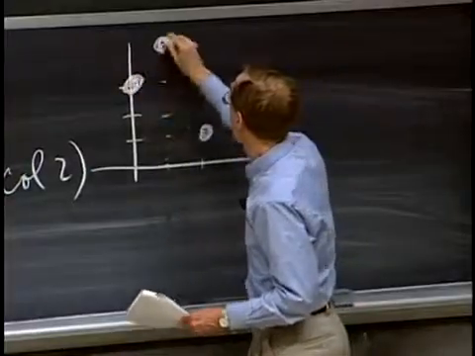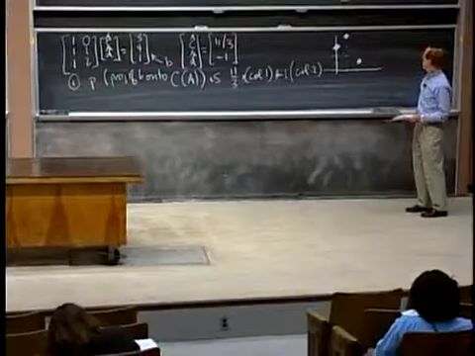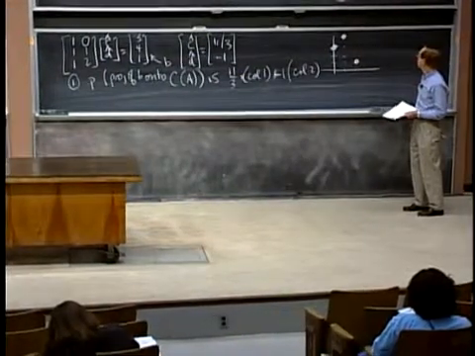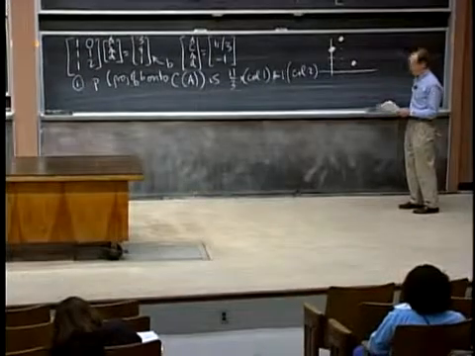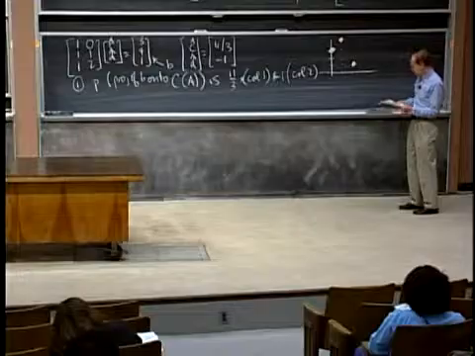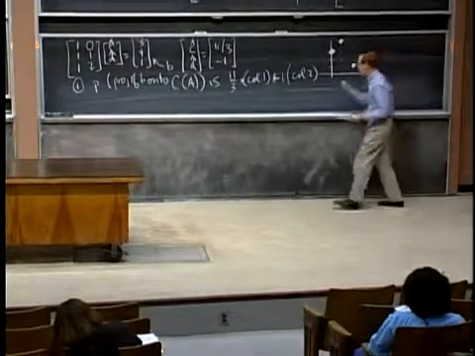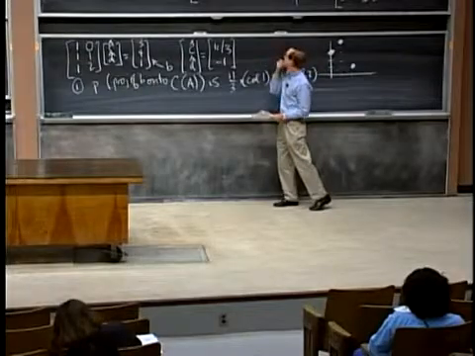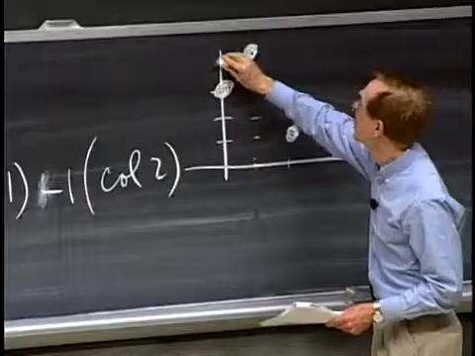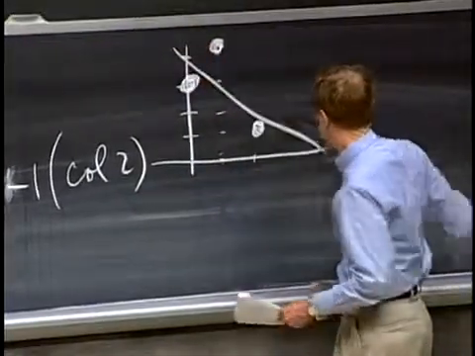I'm trying to fit the best straight line through those points. I could fit a triangle very well, but I don't even know which way the best straight line goes. Oh, I do know how it goes, because there's the answer, yes. It has a height 11/3, and it has slope minus 1. So it's something like that.